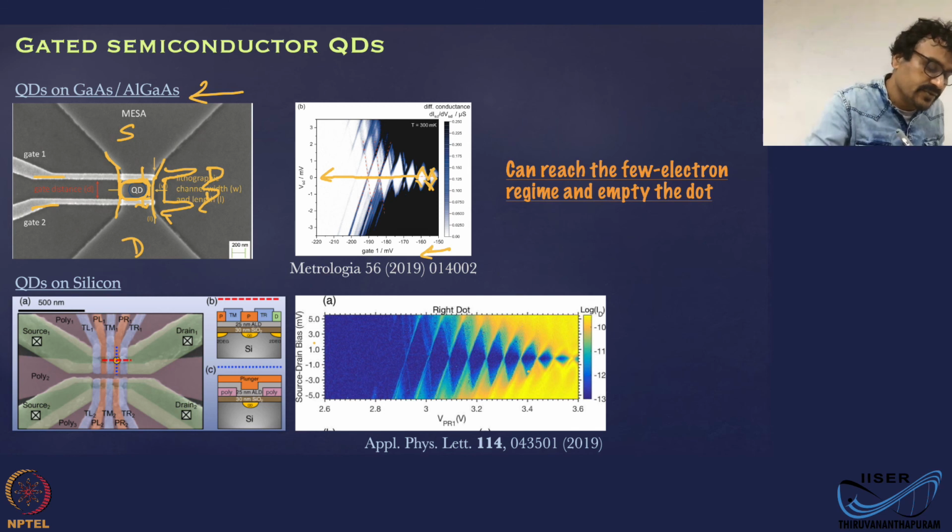The nearest diamond will have one electron more or less, depending upon which direction you are going. Okay, so you start with, say, n-1, n-2, n-3, and so on, and finally these semiconductor quantum dots will give you an opportunity to empty the dot completely. So in this case, you can assume that this corresponds to n equals 0.